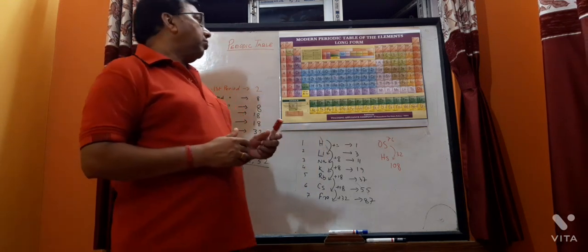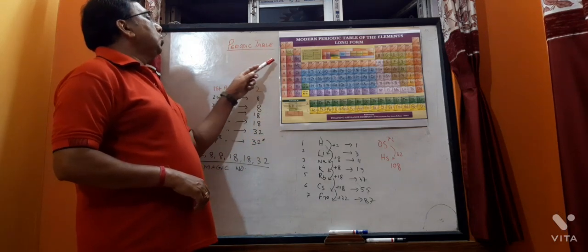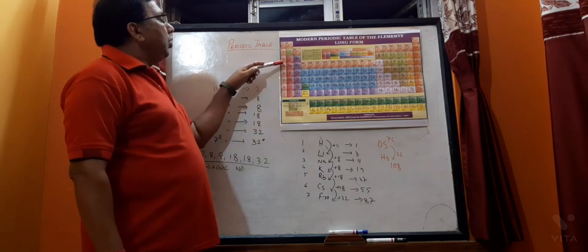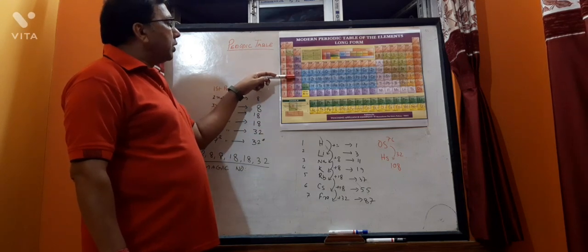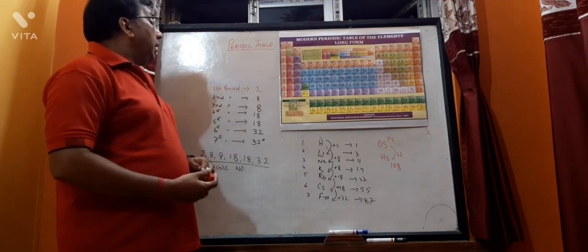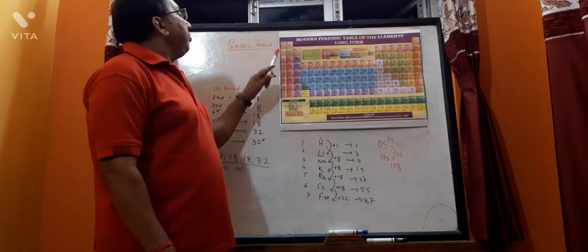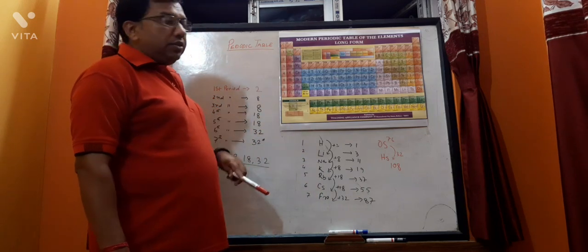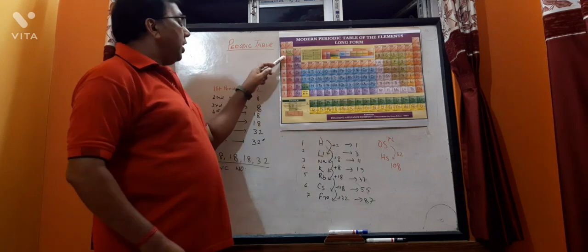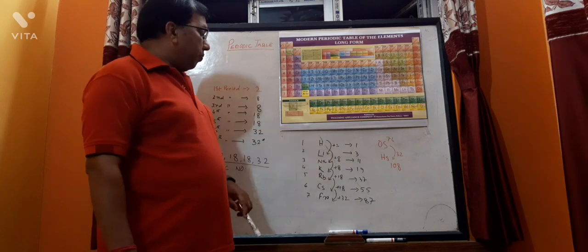Suppose group 1: hydrogen, lithium, sodium, just below sodium potassium, and just below potassium rubidium, just below rubidium cesium. Next, if you add the magic number 2 to hydrogen, you will get lithium, which is 2 plus 1, 3.